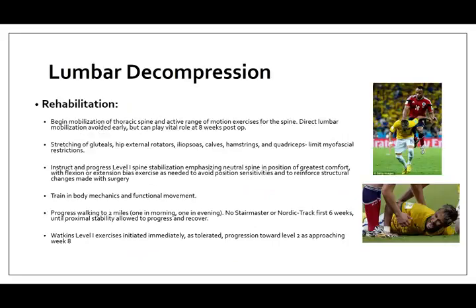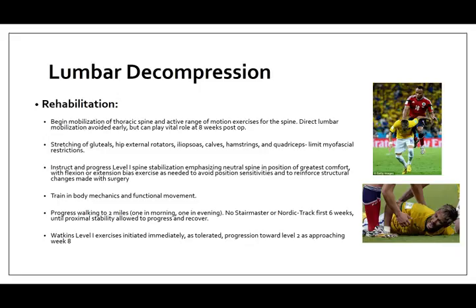As far as rehab goes, you want to begin mobilizing the thoracic spine and active range of motion exercises for the spine cautiously. Direct lumbar mobilization is avoided early, but that can play a vital role at 8 weeks post-op.